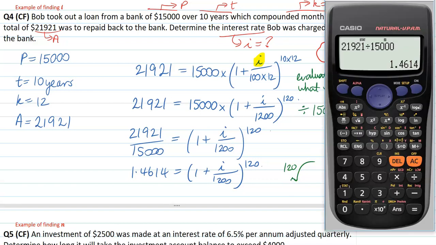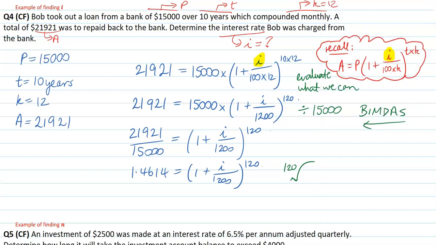And remember, on your calculators, you need to access this part of your calculator here to put that value in. Okay, so the way we write it is we want the 120th root of 1.4614, and that will give us access to what's in the brackets now.